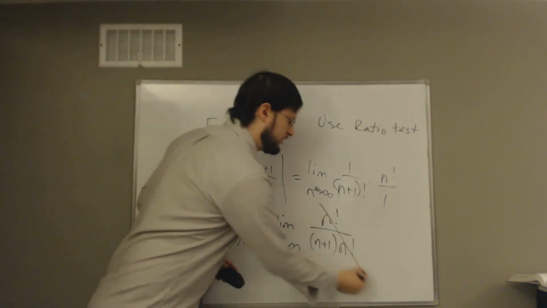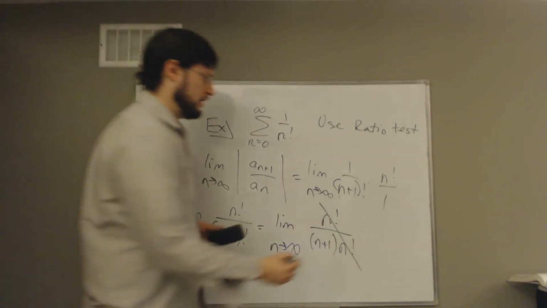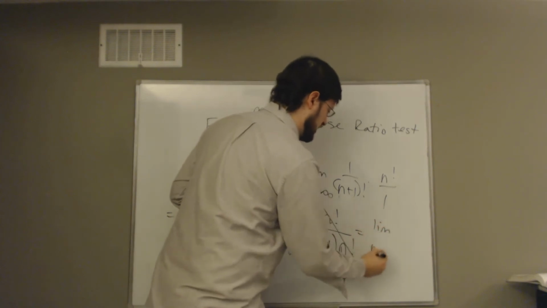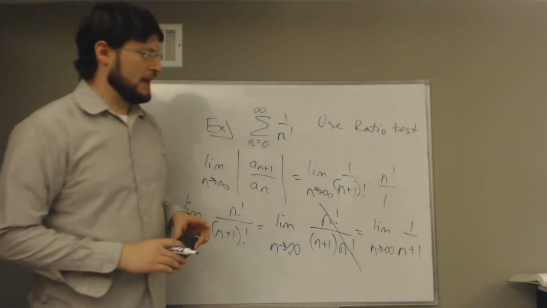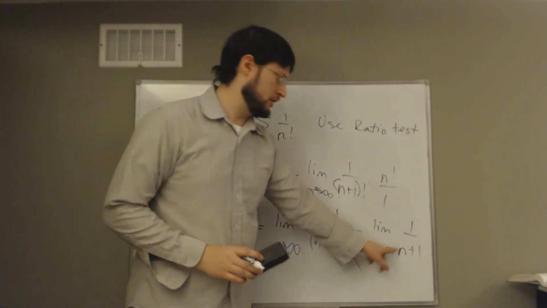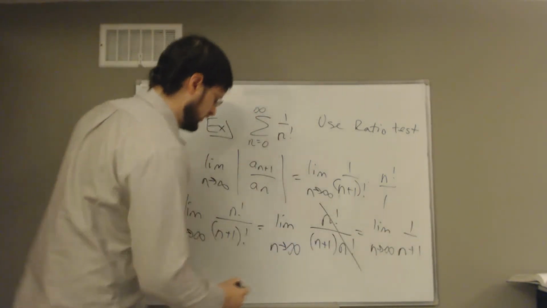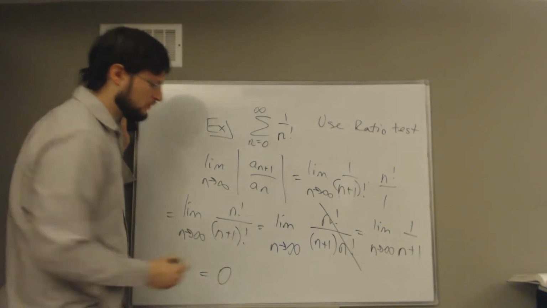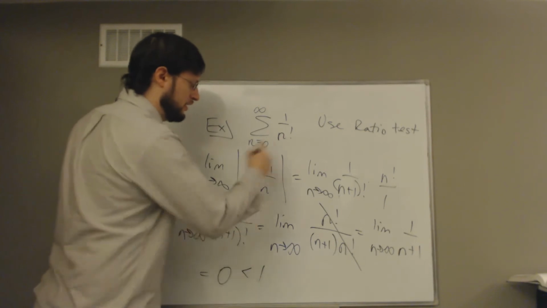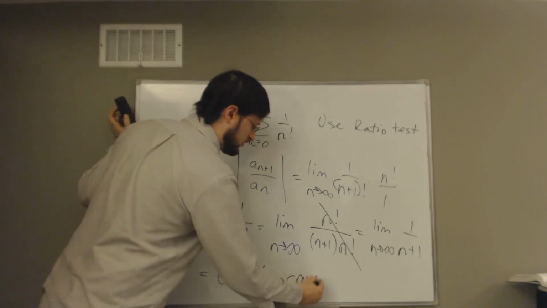And the reason that I do that is so that I can cancel, and I get the limit as n goes to infinity of 1 over n plus 1. Now, as n goes to infinity, the denominator goes to infinity, so this limit is 0. But 0 is less than 1, so the series converges.